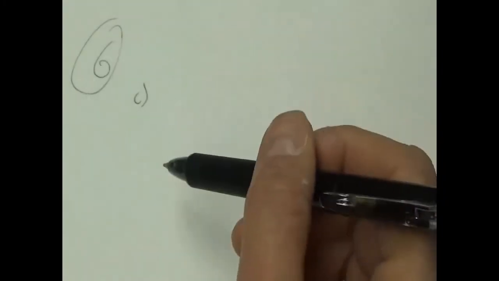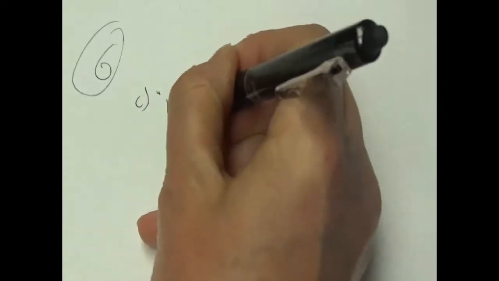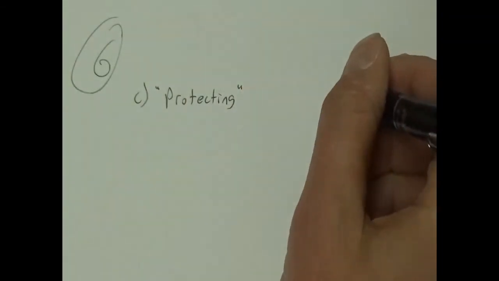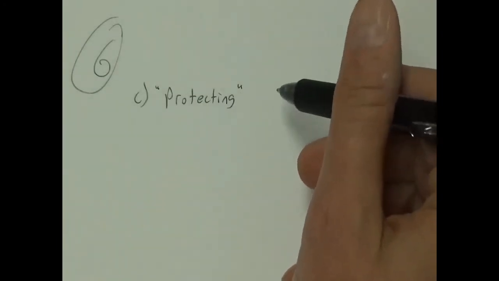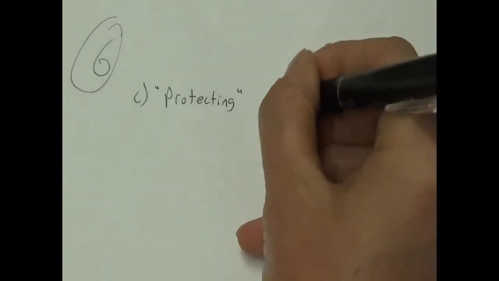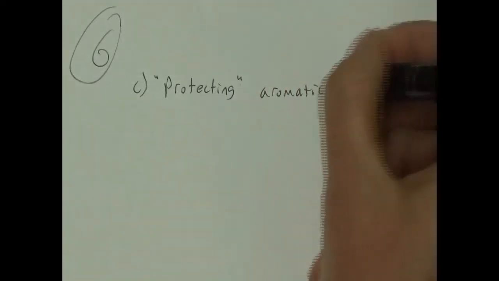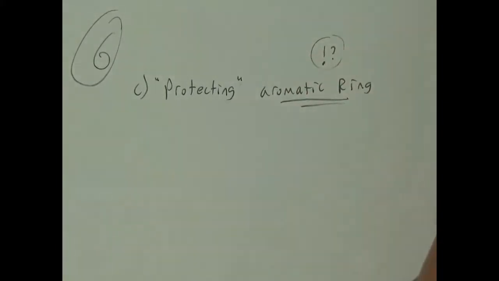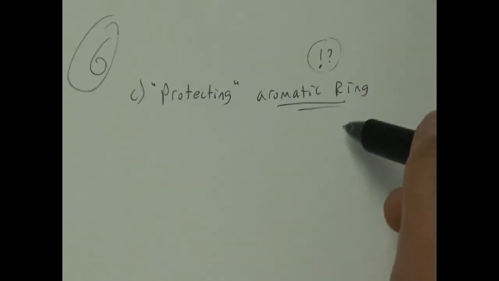The third one is another kind of protecting, but rather than protecting the substituent to temporarily deactivate it, we're going to protect the aromatic ring itself, which sounds crazy. Protect the aromatic ring! Like, what does it mean to protect the aromatic ring?